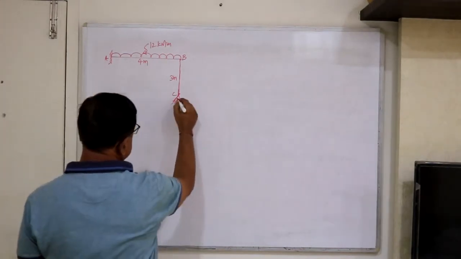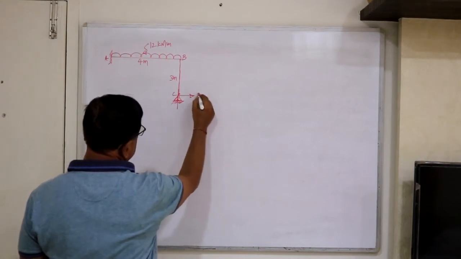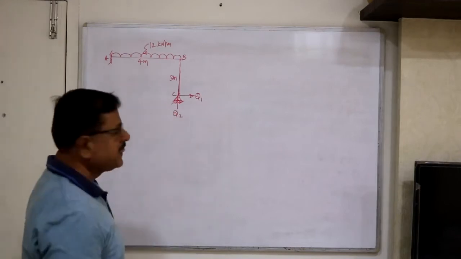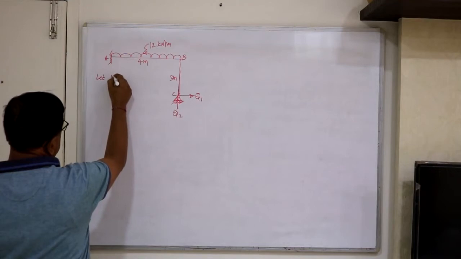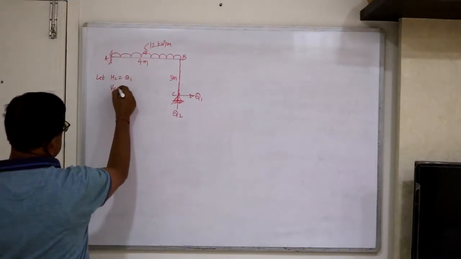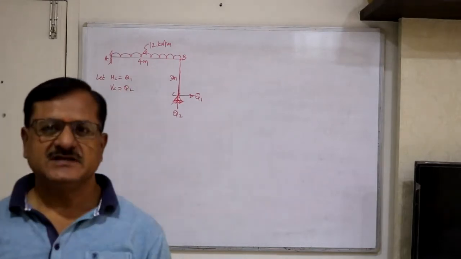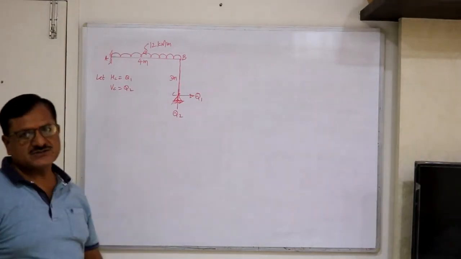So let's select 2 reactions here, these are the positive directions I have assumed, Q1, Q2. Means what I did is let HC equal to Q1 and VC equal to Q2. So the horizontal reaction and vertical reaction at support C I have assumed as unknowns.